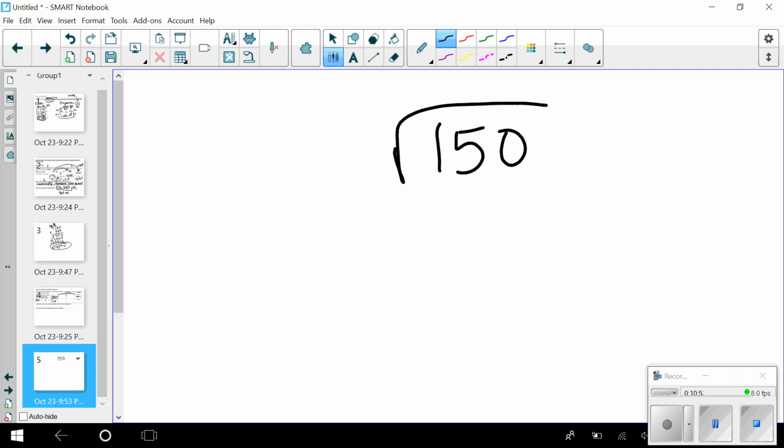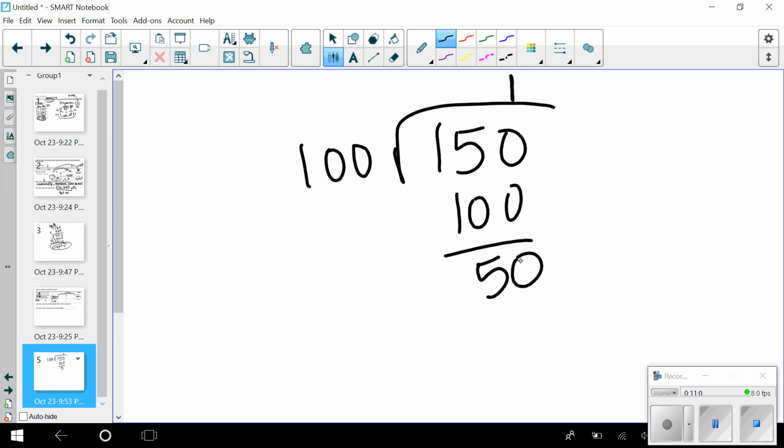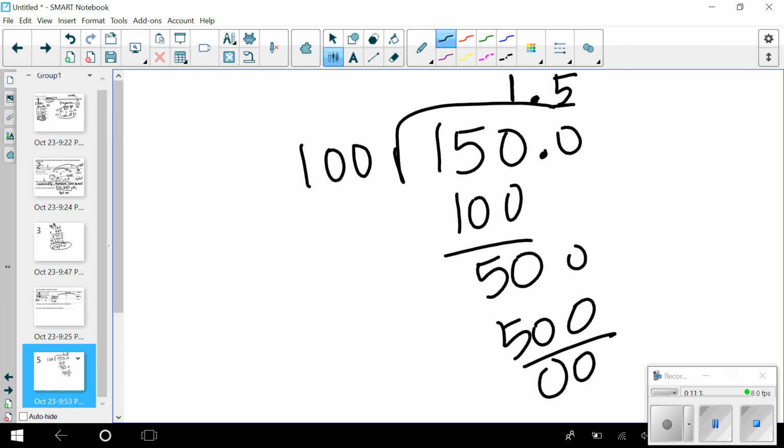150 divided by 100. There's 100 in there, right? And there's 50 left over. So I'm going to add the 0 with the decimal. Bring it down. How many 100s are in 500? Well, 5. That gives me my 0. So my scale factor becomes 1.5.